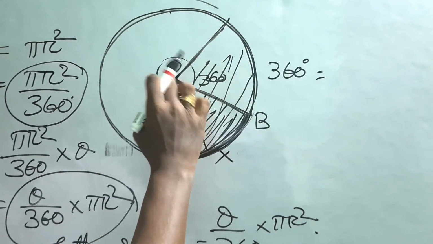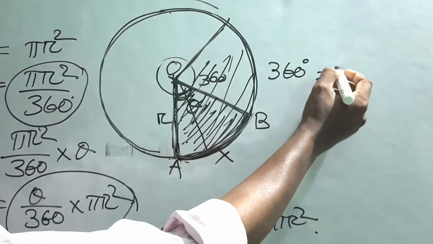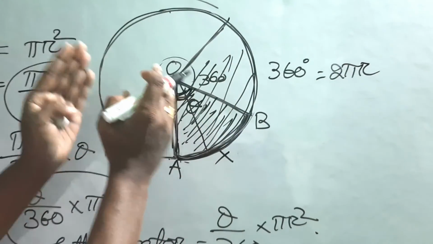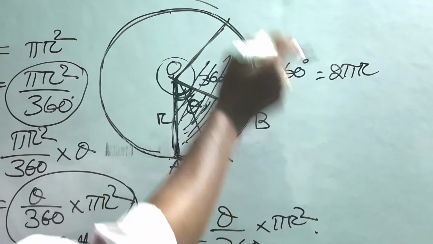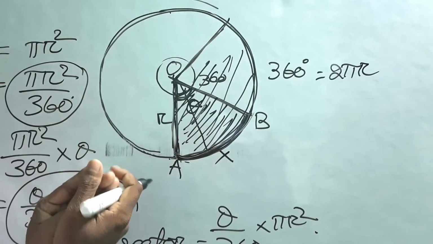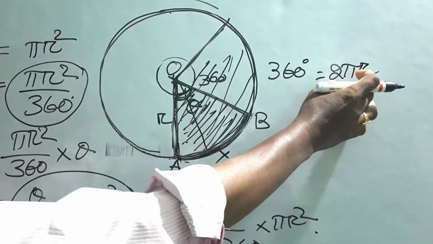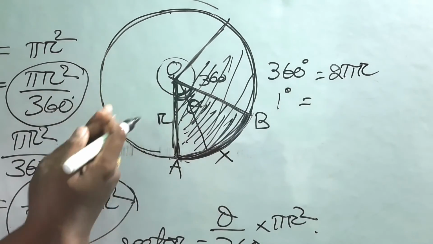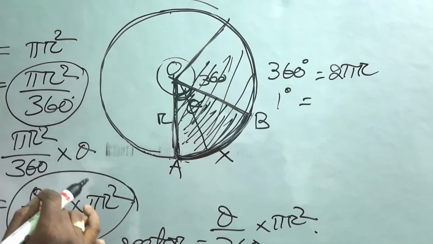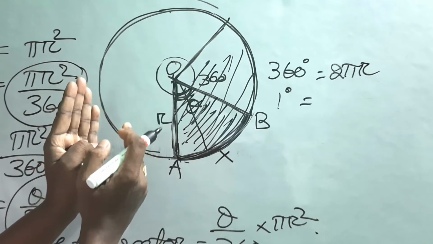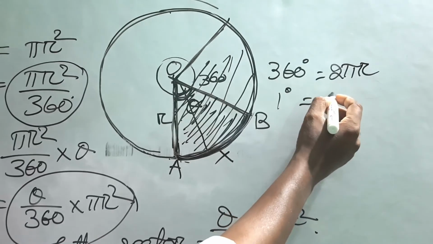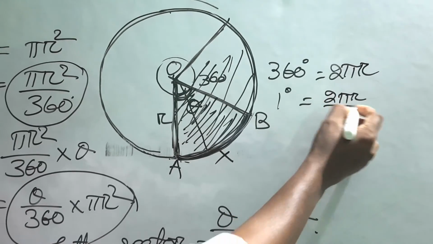So if the radius is r, then the circumference is 2 pi r. So when the radius completes one rotation, or makes a 360 degree angle at the center, the length of the arc is 2 pi r. So when the radius sweeps 1 degree, the length of the arc will be 2 pi r by 360.